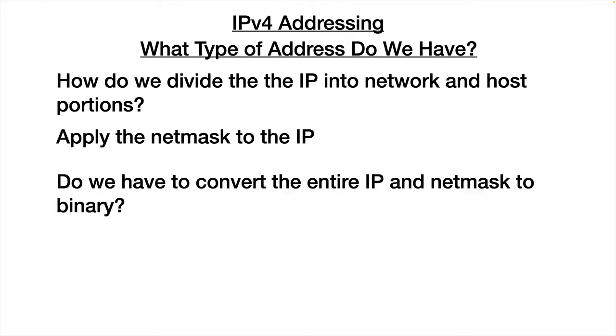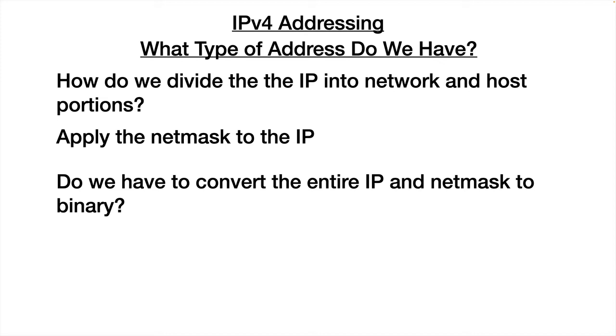So when we go through and do this, do we really have to convert the whole IP address to binary, then convert the whole subnet mask into binary, do a bitwise AND, and then convert it back to get the network number?